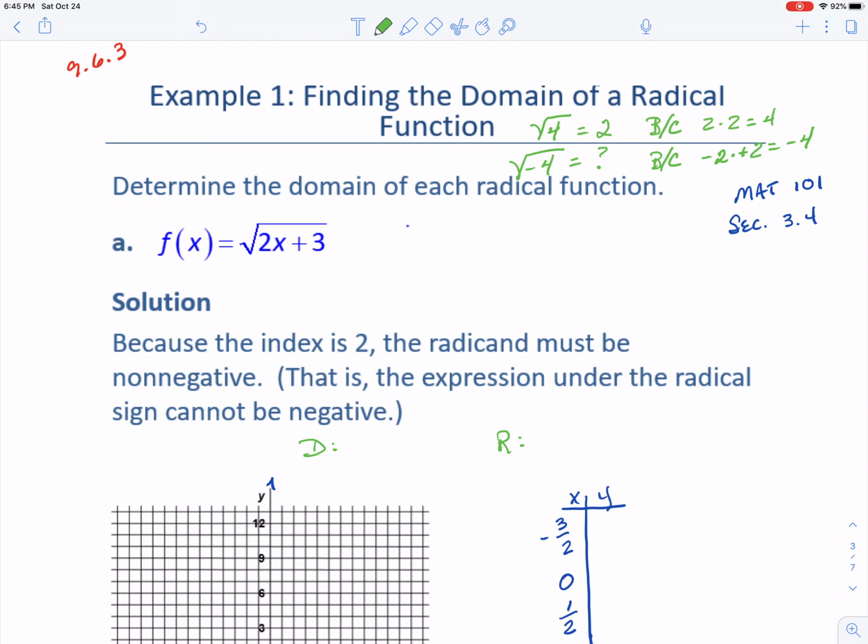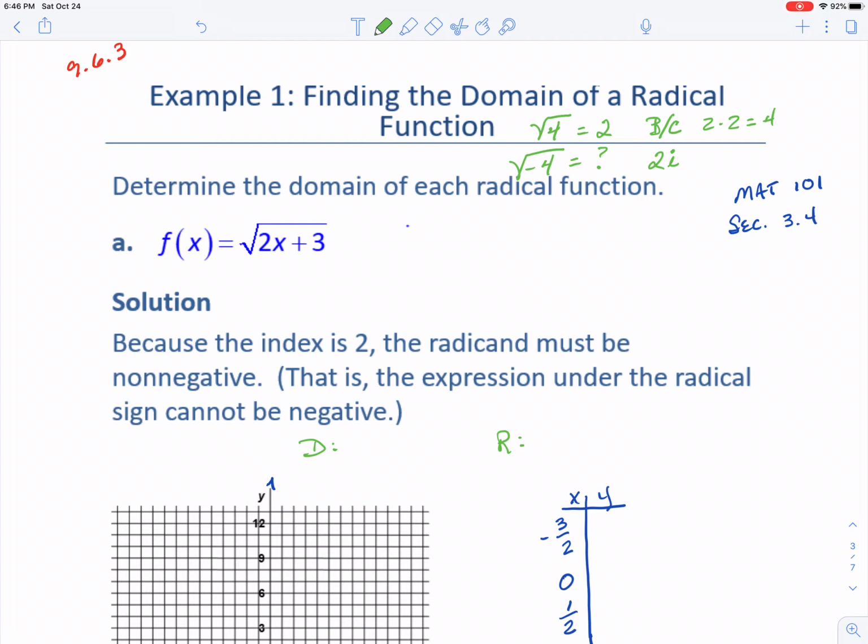In order for it to be a square root, it has to be the same multiplier to give you that negative 4. So when we move on into the next section, you're going to be given something called an imaginary number. It's going to contain a little lowercase i. But for now, we're working only in the set of real numbers.